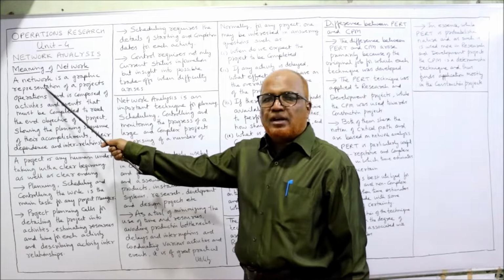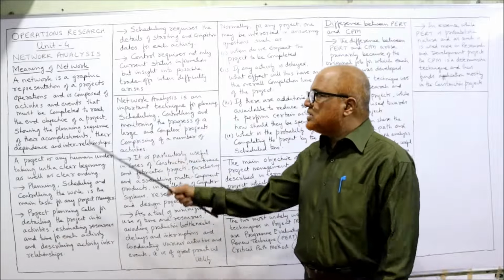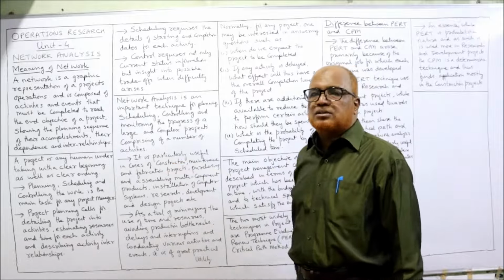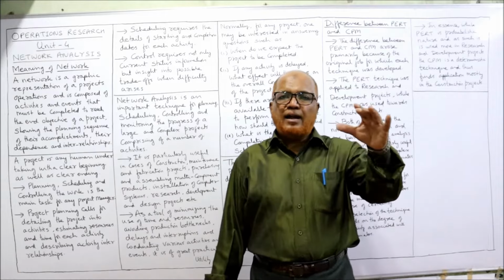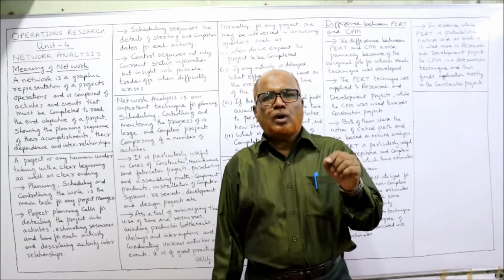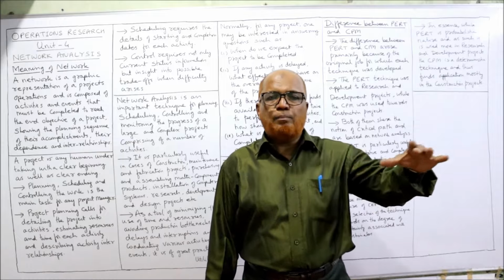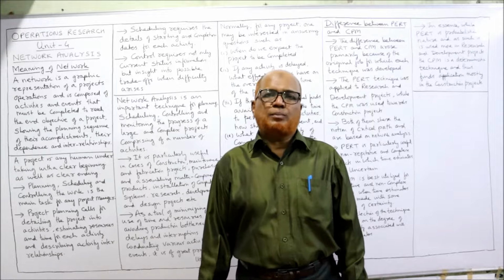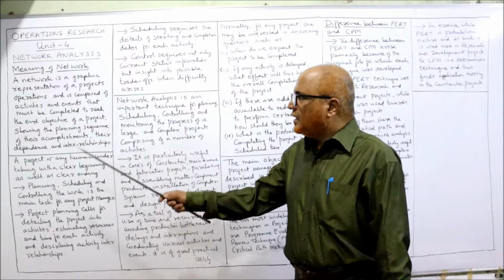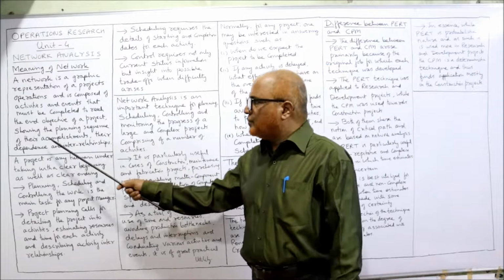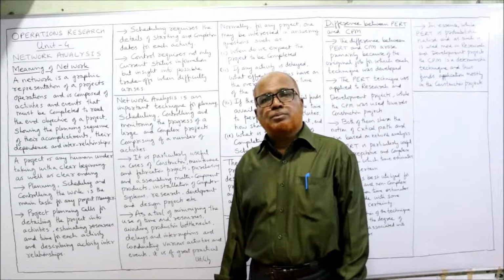So network is a graphical representation of a project's operations and is composed of activities and events that must be completed to reach the end objective of a project. Every project will have an end objective. So how to attain the end objective of the project? By successfully completing all the activities of the project in a systematic, scientific manner, showing the planning sequence of their accomplishments, their dependence and interrelationship.